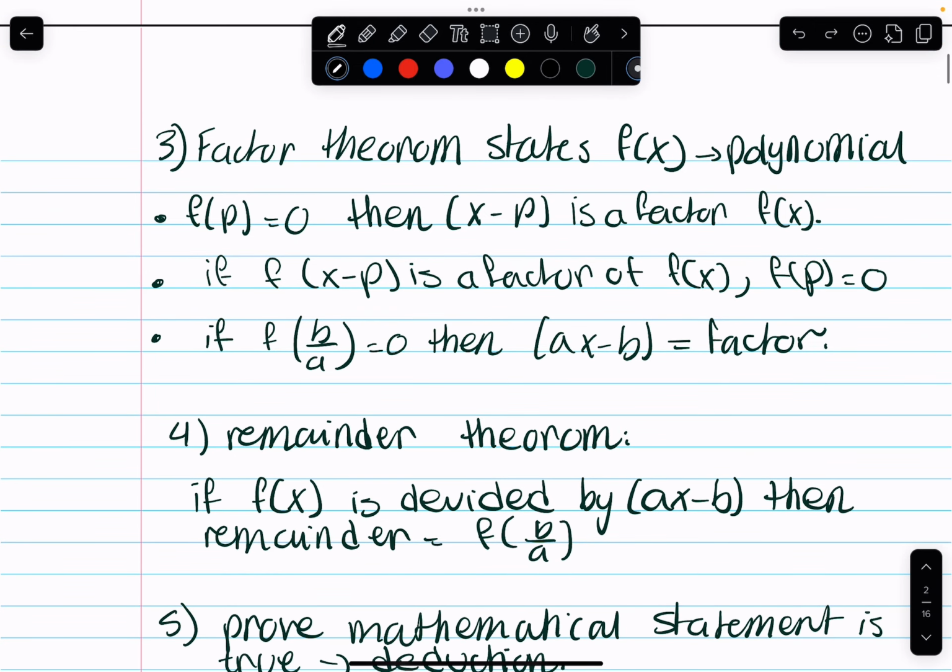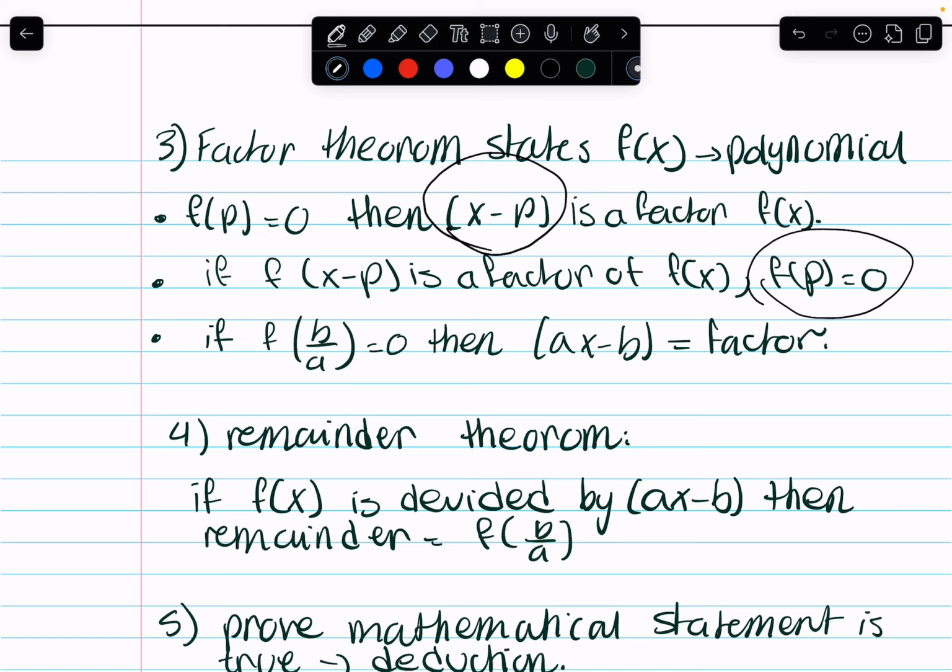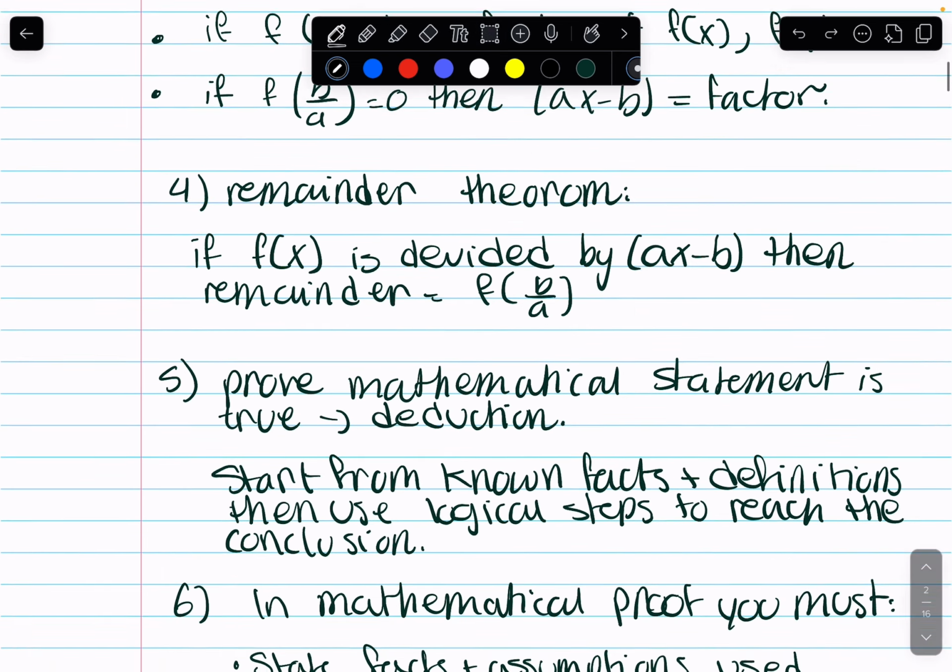would give you the actual number. Anyways, the factor theorem states that if f of x is a polynomial and f of p is 0, then x minus p is a factor. If x minus p is a factor, then f of p is 0. We need to be comfortable moving back and forth with this. If f of b over a is 0, then you times the x by a and minus the b, so ax minus b is a factor.